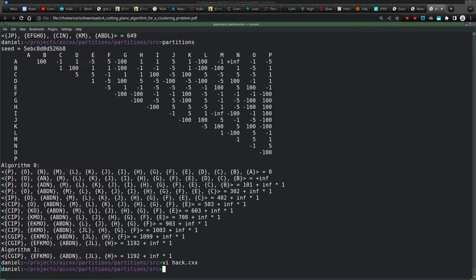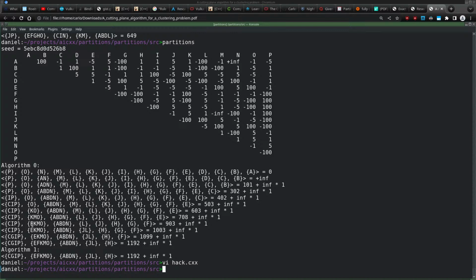For example, if this is our graph here, then this could be S1 and S2 and S3, and then all the edges inside of each is just all the edges, all the pairs that you can make, because our subsets are cliques, aka complete subgraphs: CI, CP and IP, and here EK, EM, EO, KM, KO and MO.